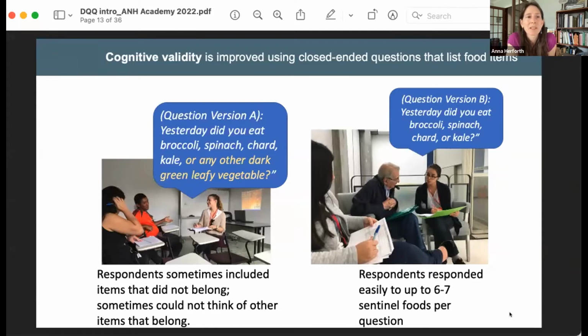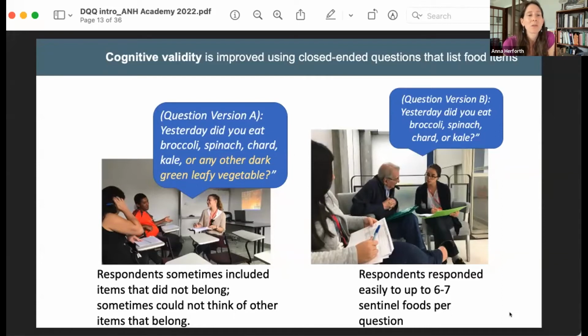So what some people consider a dark green leafy vegetable may be different from what other people do. People might not just be listening to the whole question. We asked about dark orange or dark yellow or orange fruits in the other example, and we got some fruits that are not orange at all. And that's because it's hard to listen to every piece of the question and integrate it into remembering at the same time what you might have had that might fit that description.